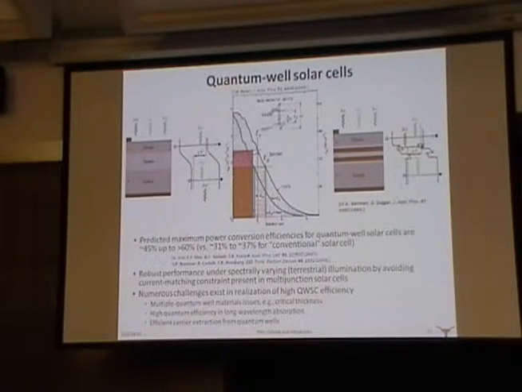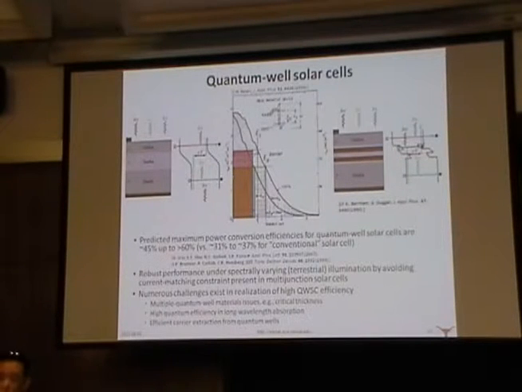The corresponding values for this type of structure are 31% and 37%. All right. So it seems that there is the prospect to be able to get substantially higher efficiencies than you can get with a single PN homojunction. And from an applications perspective, this is potentially quite interesting because your device structure still has just a single PN junction.